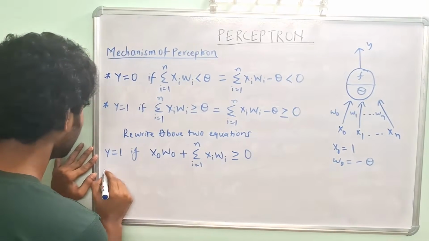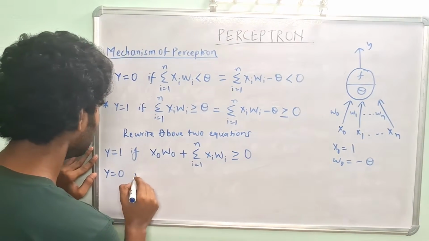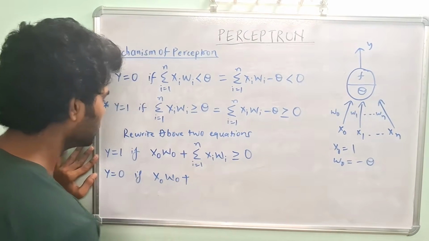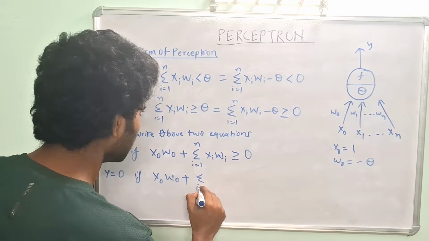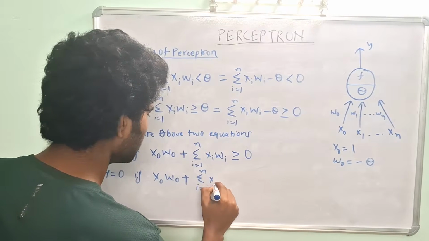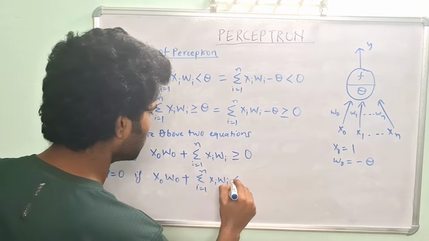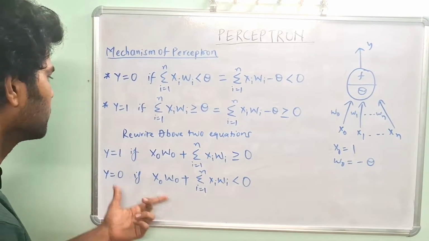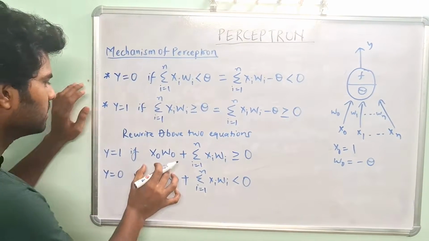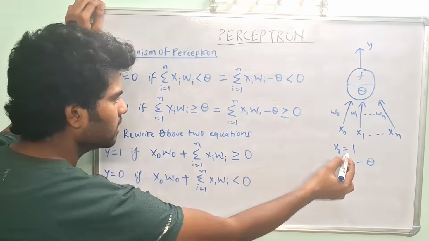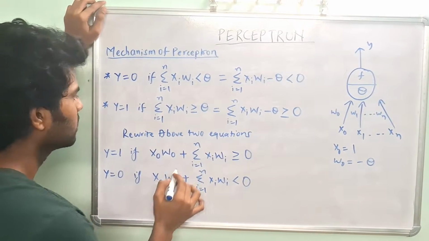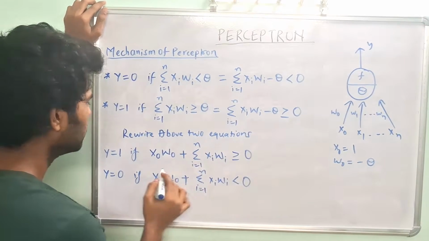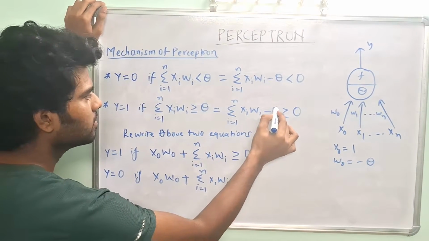Then y equals 0 if x naught w naught plus summation of i equals 1 to n of xi wi is less than 0, because here I have written w naught in the place of minus theta.